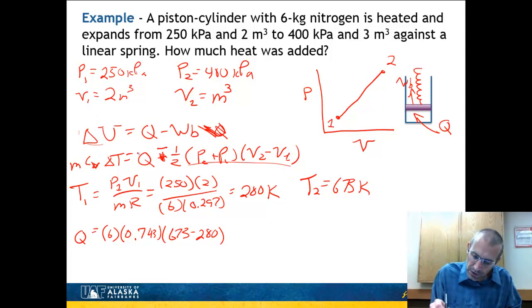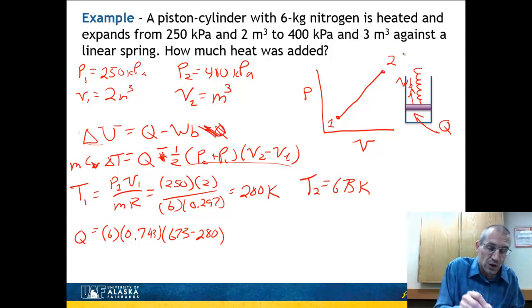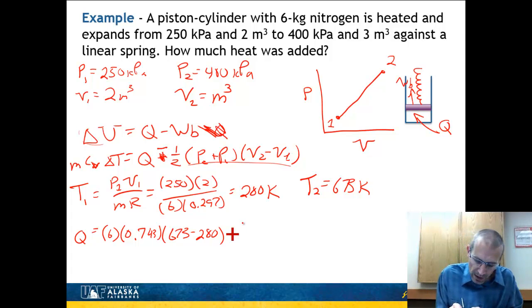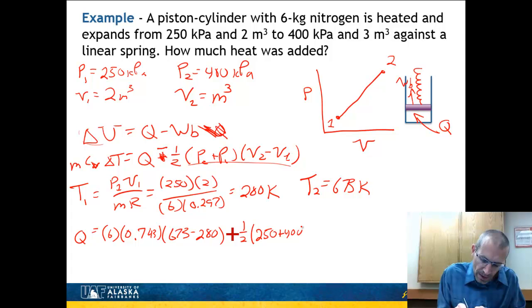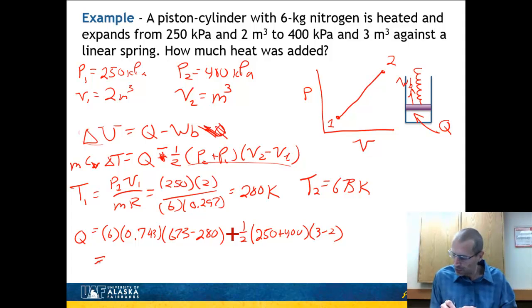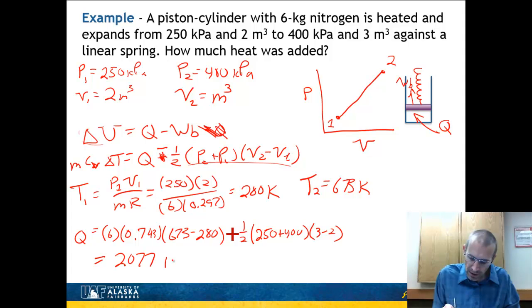I wrote it correctly up on the top, but that should be a minus term right there, because the boundary work is leaving. The spring is expanding, or it's expanding against the spring. So I want to subtract 1/2 of the pressure terms, 250 plus 400, and my change in volume, which is 3 minus 2. So let's go ahead and do that arithmetic, and that should be 2077 kilojoules.